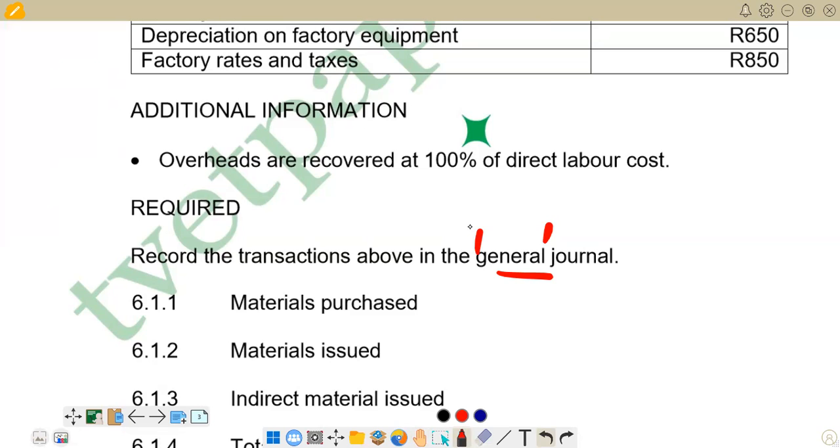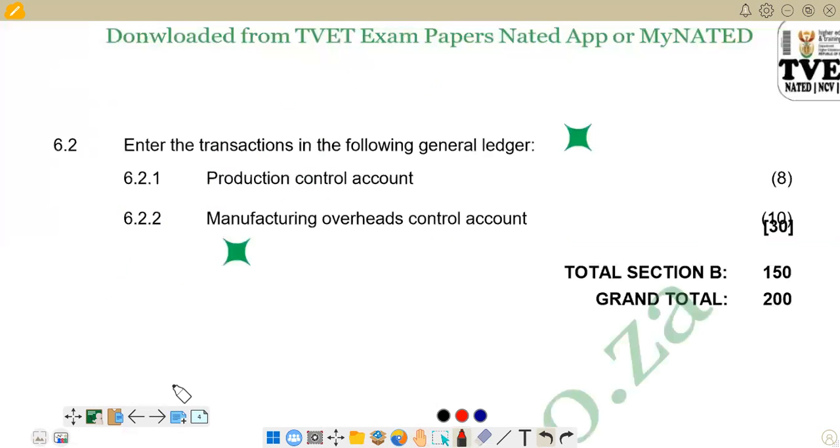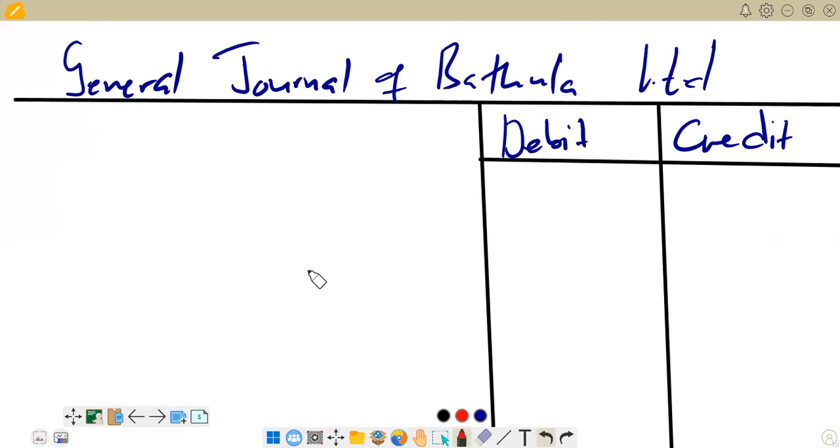So this is what we have in terms of the general journal. We are going to go to the answer section and see how we are going to present this question. If we go to the answer section, this is what we have.